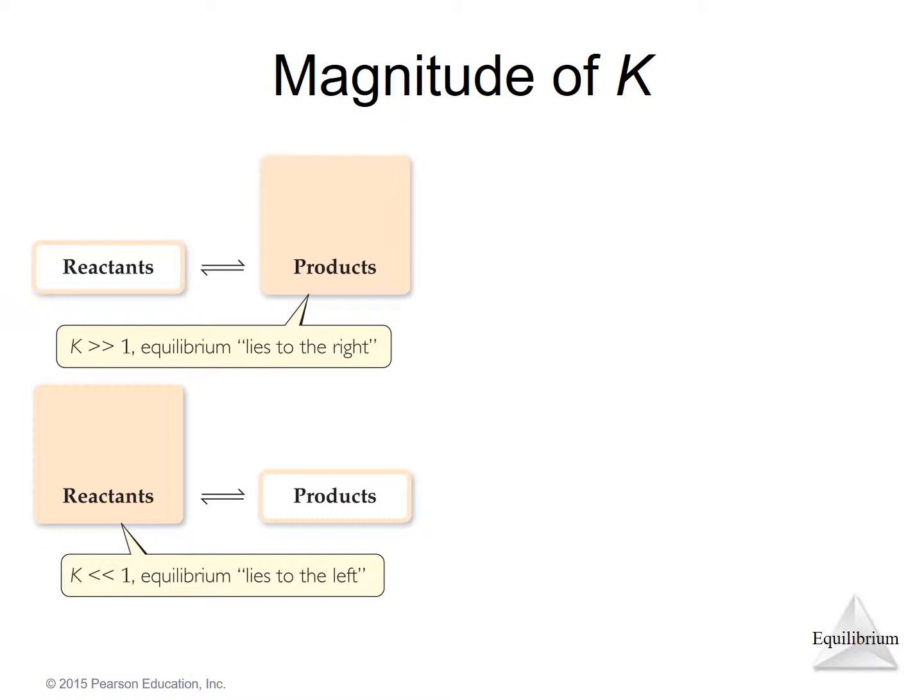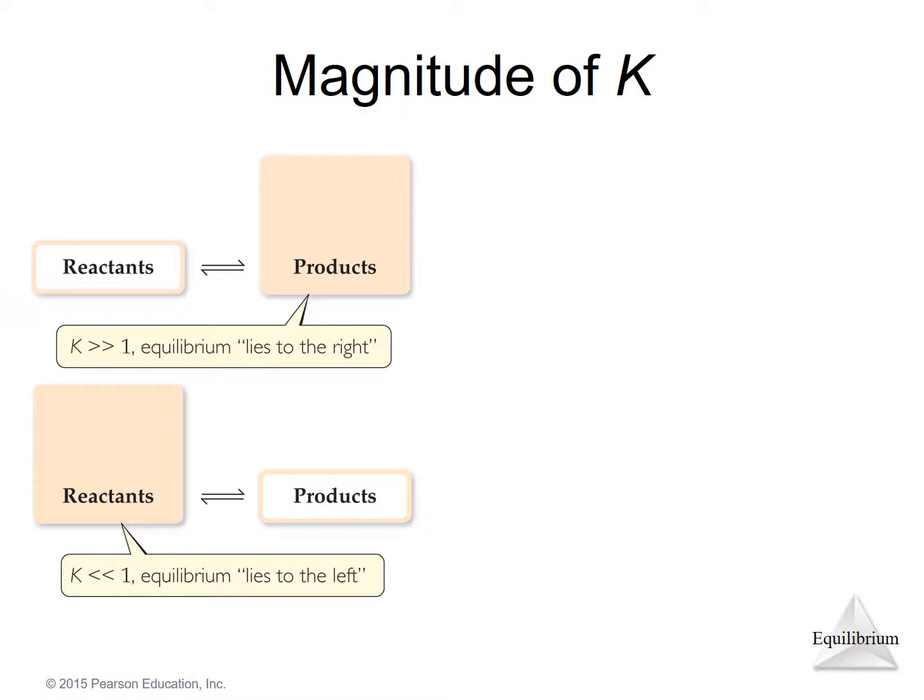A little bit about what K means, the magnitude of K. So remember, in the ratio, the products are in the numerator, the reactants are in the denominator. So if I have a very large value of K, it's really a ratio of products to reactants. If I have a very large value of K, that means there's a lot more products at equilibrium than there are reactants.